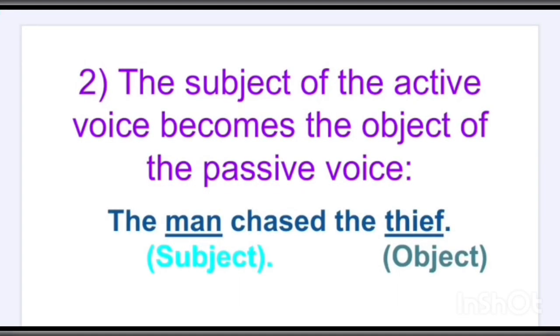The second rule is the subject of the active voice becomes the object of the passive voice. The man chased the thief. This sentence is in active form. Here, man is the subject and thief is the object.